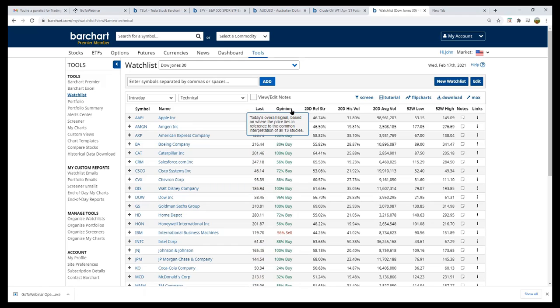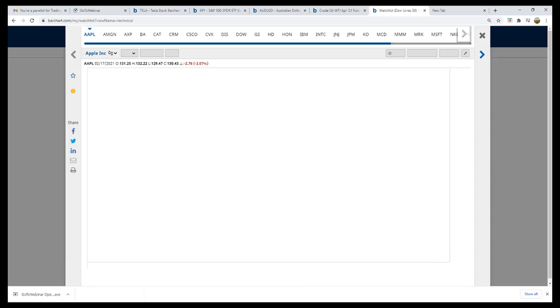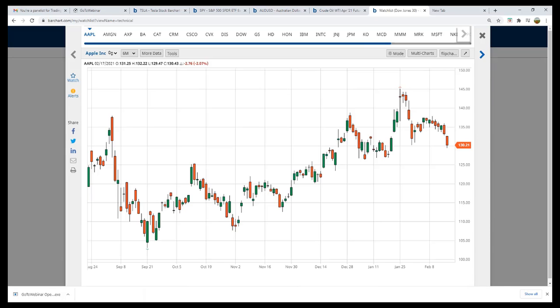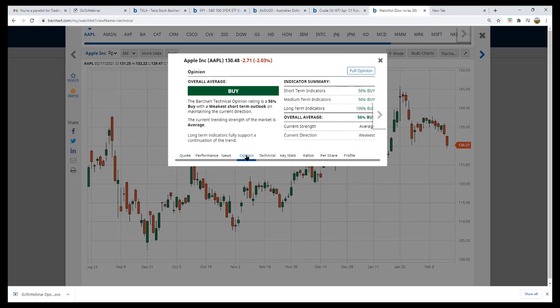So the question you might be asking is, why, John, are you showing me all these different ways that we can use Barchart, or where we can find these directions? Well, the reason is that we at Barchart believe in this signal so much that it's part of our DNA, that only a few clicks away can you find this opinion signal.